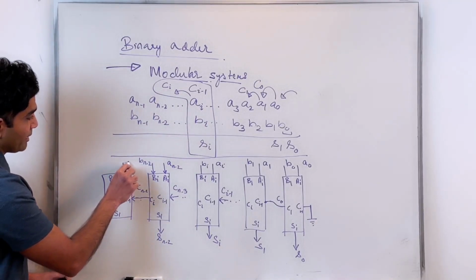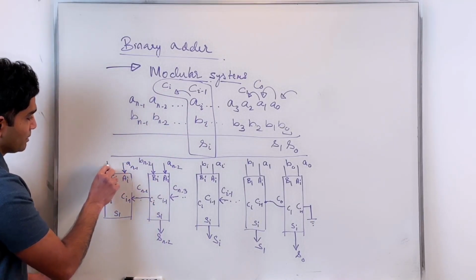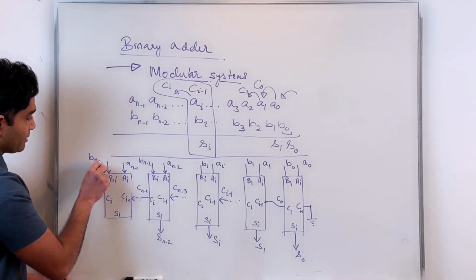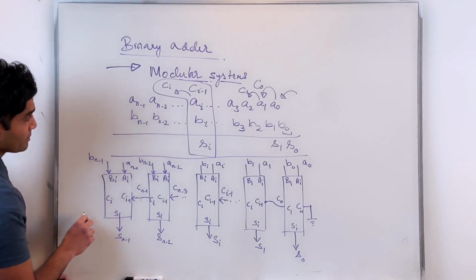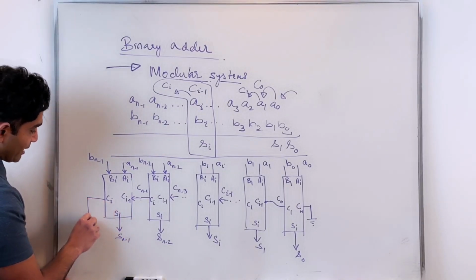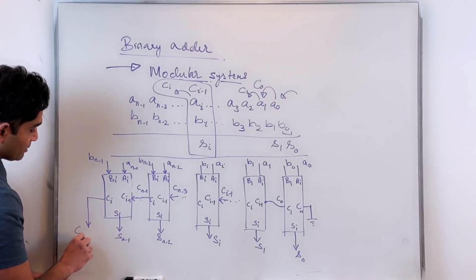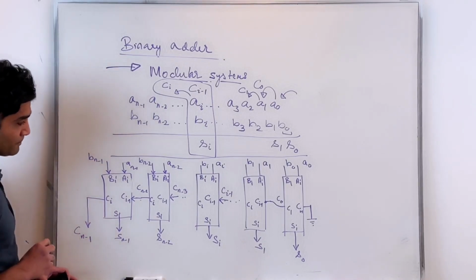Here I'll be applying AN minus 1, BN minus 1. I'll be getting SN minus 1 here. And as the last carry out, it's going to be CN minus 1.